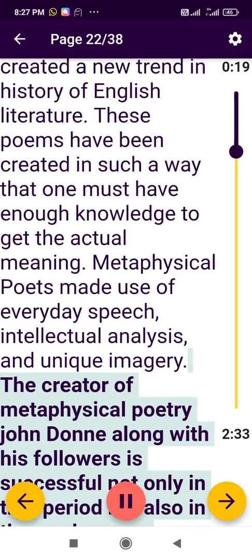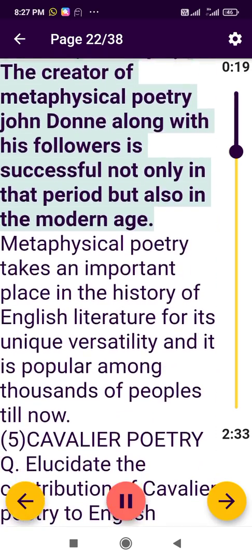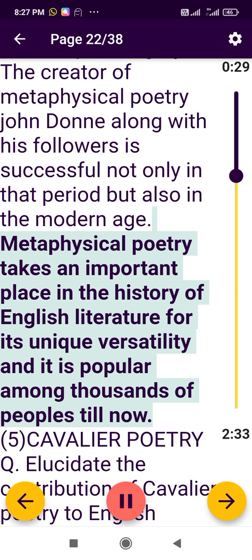The creator of metaphysical poetry, John Donne, along with his followers, is successful not only in that period, but also in the modern age. Metaphysical poetry takes an important place in the history of English literature for its unique versatility, and it is popular among thousands of people still now.